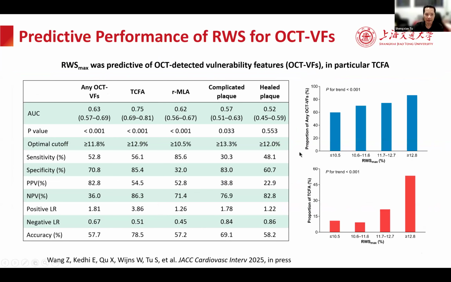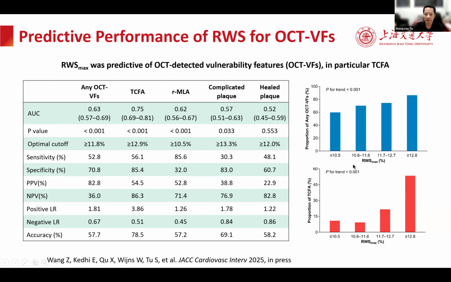Second study, which was already published earlier this year in JACC Intervention. Using the combined OCT-FFR data set, the OCT vulnerable features were already analyzed in the combined OCT collaboration, and we analyzed the angio-based radial wall strength.